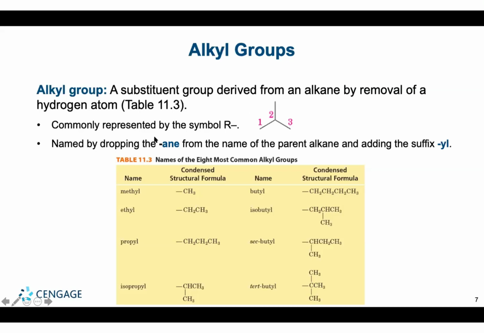So we call these branches that are made of carbon alkyl groups. Why? Because if you look at this, this branch is CH3. So it's just one carbon different from its alkane, which is CH4, right? CH4 is an alkane. If I remove one hydrogen from it, because I attach it to another carbon, it's going to be CH3.